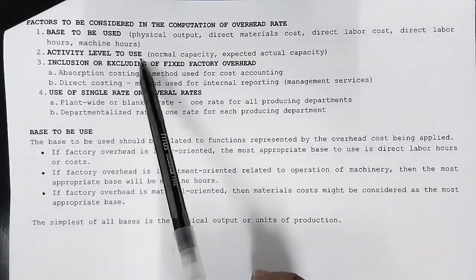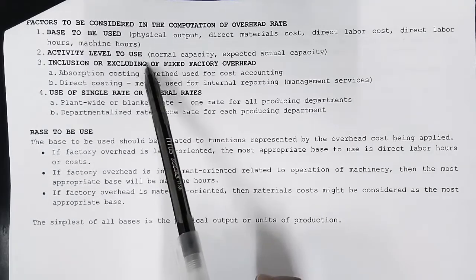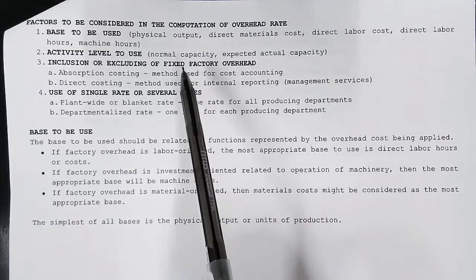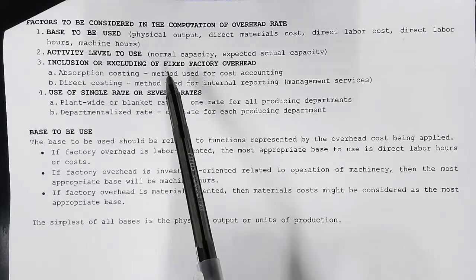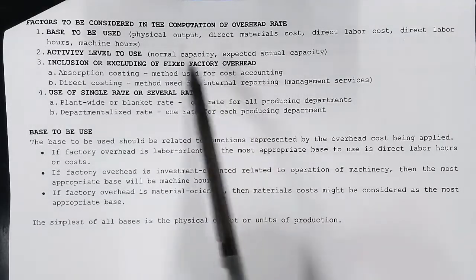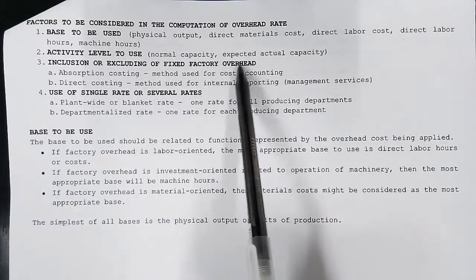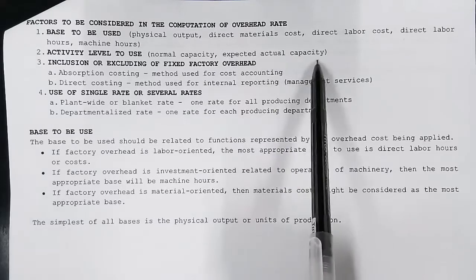So will the activity level we use be normal capacity, meaning the normal operations of production, or what normally happens in production, or the anticipated expected actual capacity?